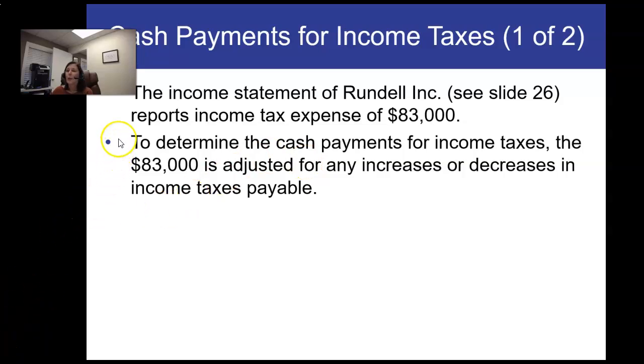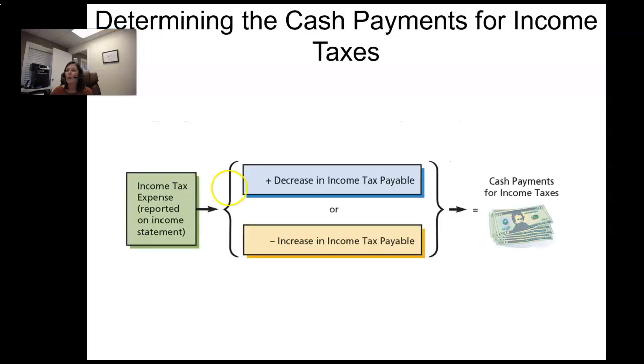The last thing we need to do is make the adjustment for income taxes. So we reported on our income statement a tax expense of $83,000. We now need to figure out what we paid in actuality for those income taxes. And we do that by adjusting the income tax expense by the payable amount.